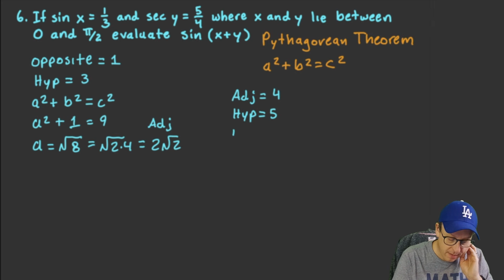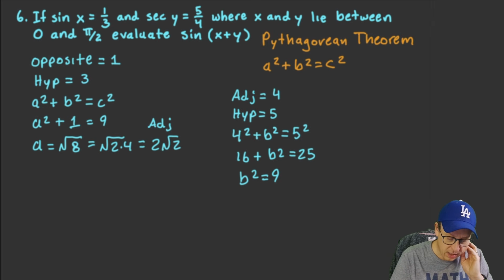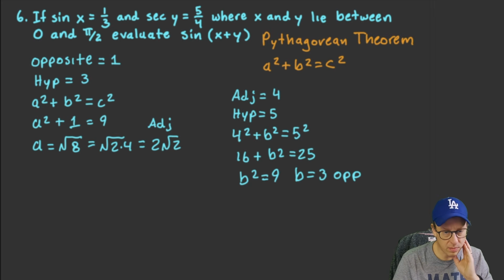So if we have 4 squared plus b squared, that's going to be equal to 5 squared, which means 16 plus b squared is going to be equal to 25, and b squared is equal to 9, which means that b is going to be equal to 3. And this is the opposite in this circumstance.